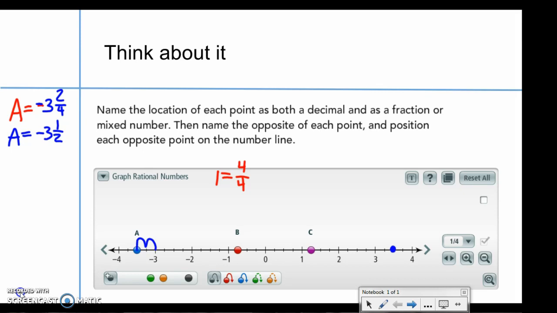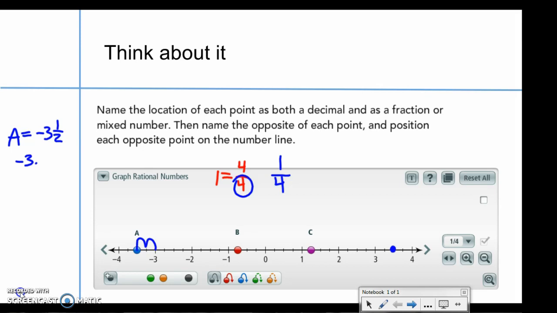Okay? Now that we know what it looks like as a mixed number, we then have to figure out what it is going to look like as a decimal. Well, again, we know that our whole number is -3, so that's going to stay our whole number. But how much is 1/4 worth as a decimal?